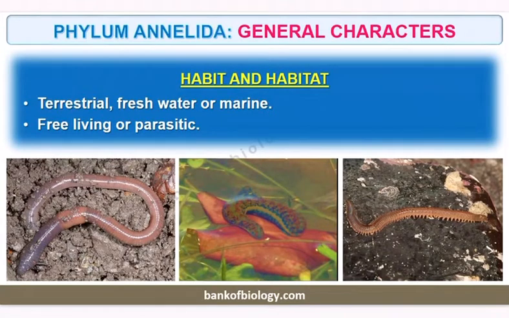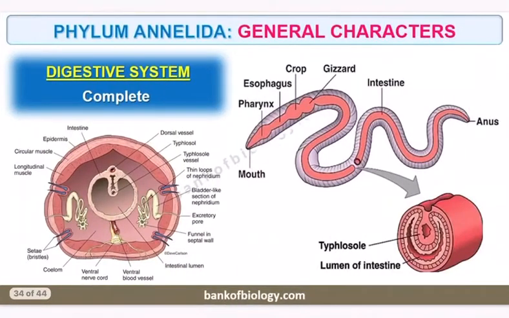In that cavity, all organs and organ systems are present. That's why we say coelomates. And where do we find them? We can find them on land, so they are terrestrial. We can find them in fresh water as well as seawater, marine. Some of them are free living and some of them are parasitic.